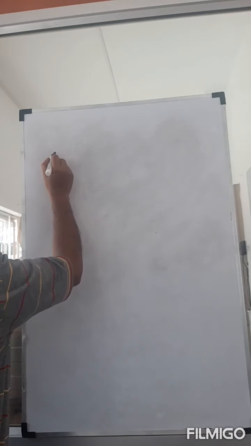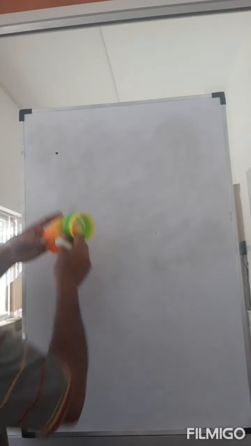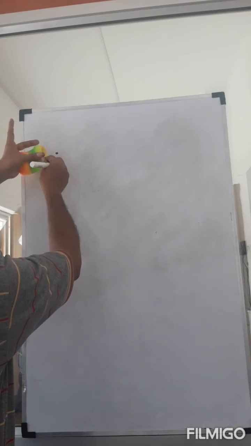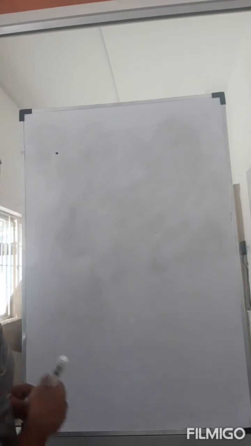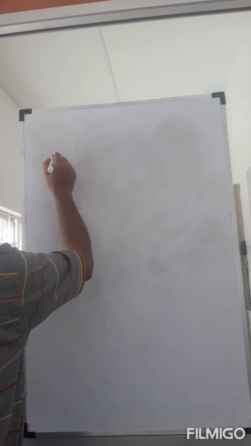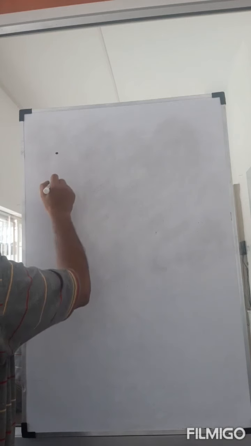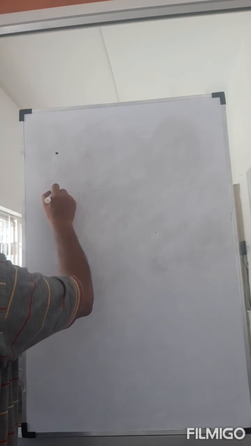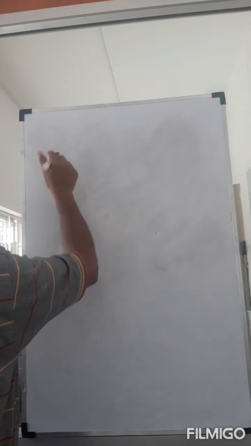If I see it in this fashion, if I cut it up and I'm just seeing the cross section of that, this is one end, and this is the other.